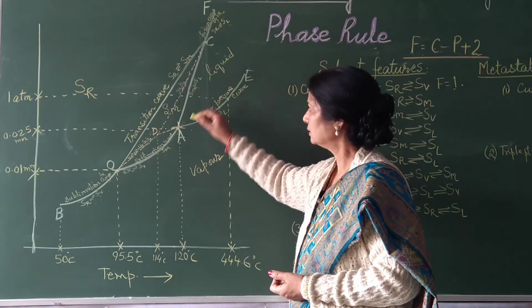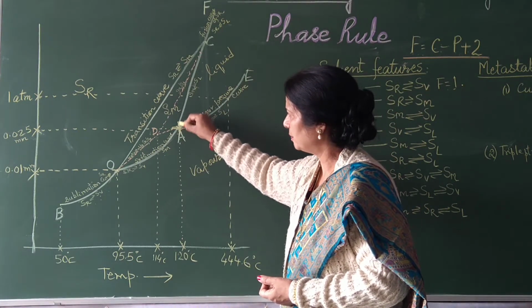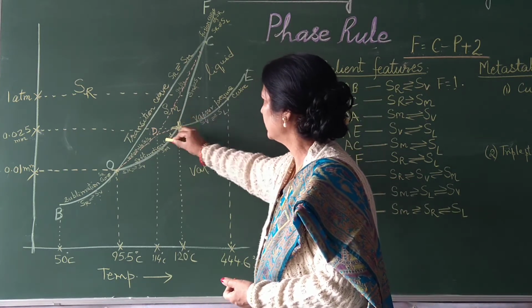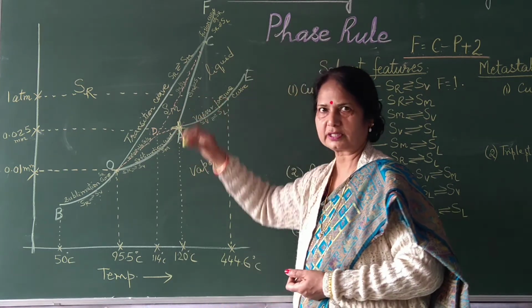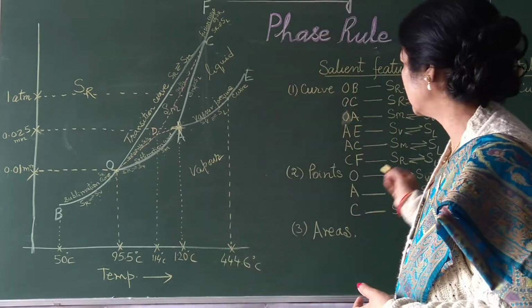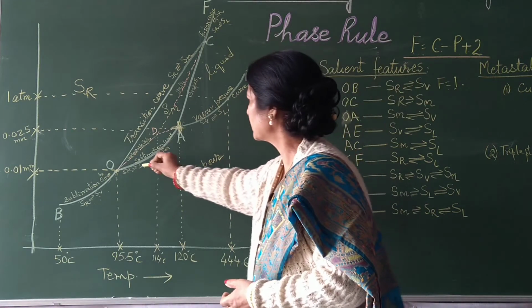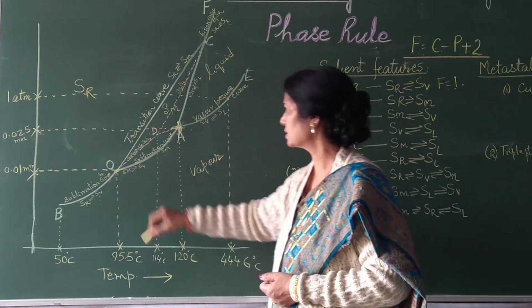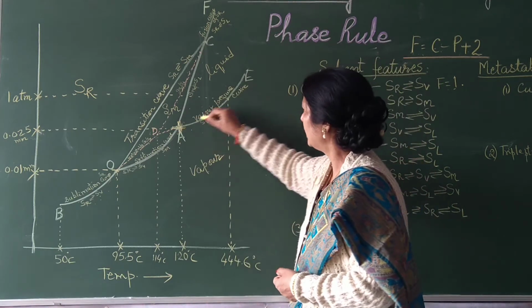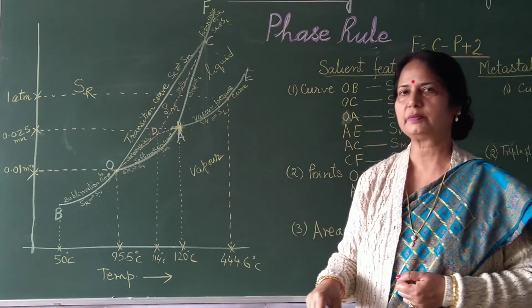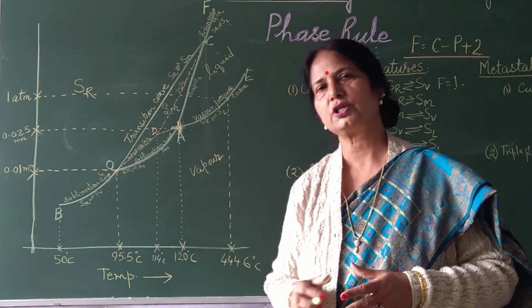This is also a triple point, and the three phases which exist here are monoclinic sulfur, vapor, and liquid. I will tell you about this later on, as I will deal with all the triple points together. So when we consider OA, we have seen that it is a one component system. Similarly, now we come to AE. At A, all the monoclinic sulfur, the solid form of sulfur, changes to liquid.